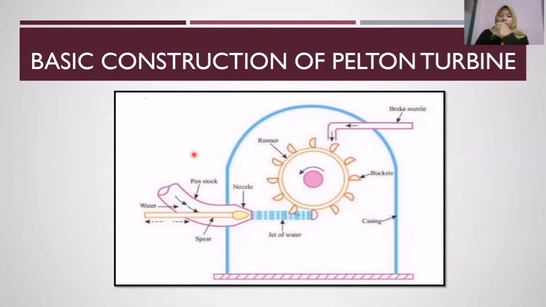The penstock is where the water source comes through, and by using the nozzle, the high-speed water jet can be formed. The spear in the nozzle is to control the water jet from the nozzle, and then the brake nozzle. The braking jet is used to stop the runner wheel when it's not working.